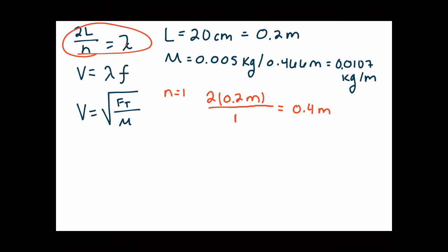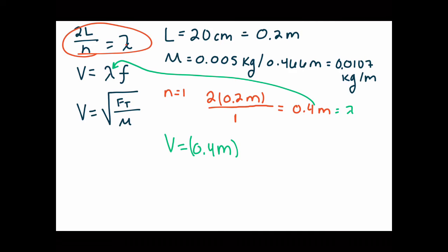Next, I'm going to use that wavelength calculation and plug it in to this. So if I do that, I'm going to have v equals 0.4 meters times the frequency that I'm focusing on, which is 82 hertz.